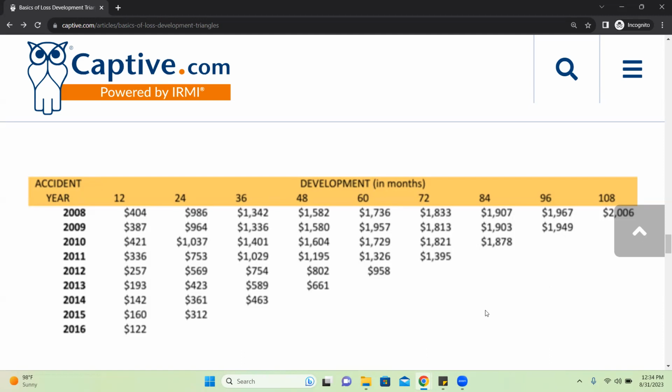Incurred claims, which are similar to ultimate losses, which is the total complete amounts of the losses, whether they have been paid or the reserves, and that could be your case and IBNR reserves.